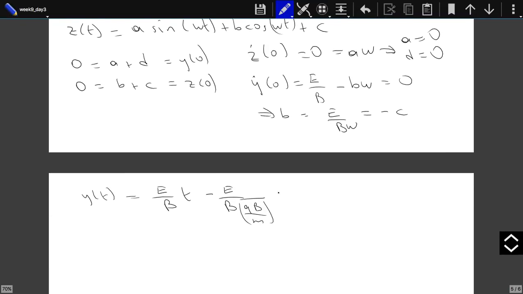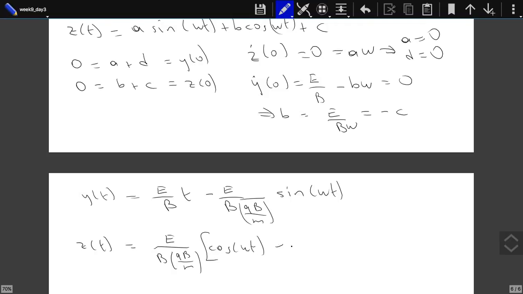Sine omega t. D was 0, and z of t is equal to b, which is E over B, qB over m, cosine omega t minus 1.